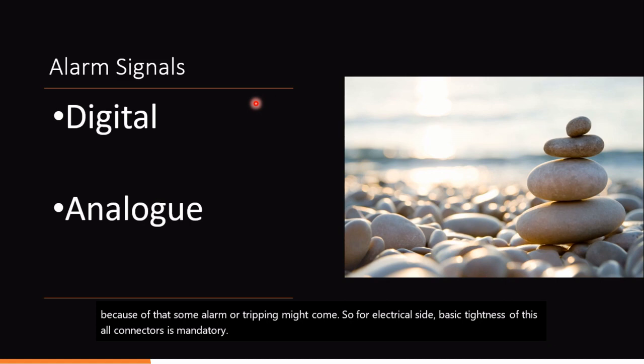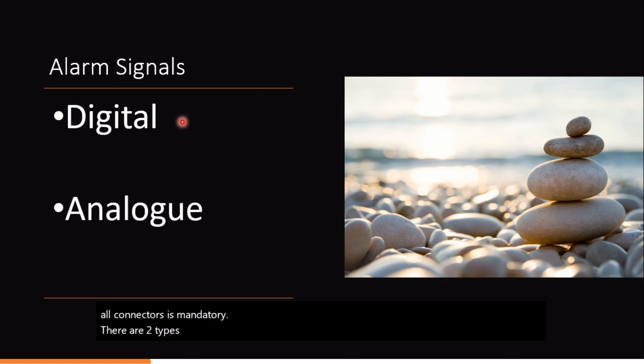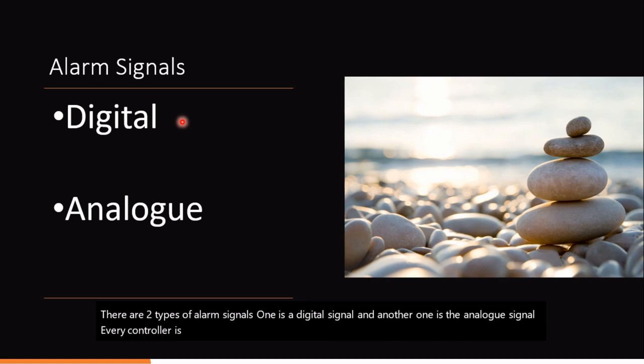There are two types of alarm signals. One is a digital signal and another one is the analog signal. Every controller has feasibility on the higher side.